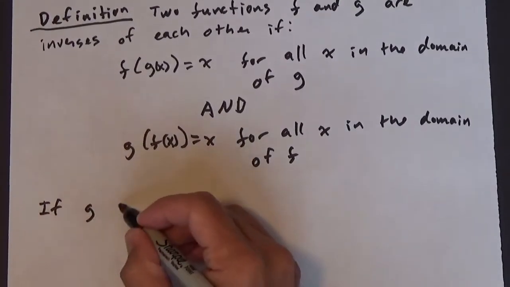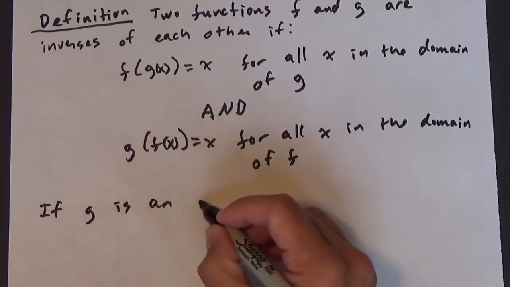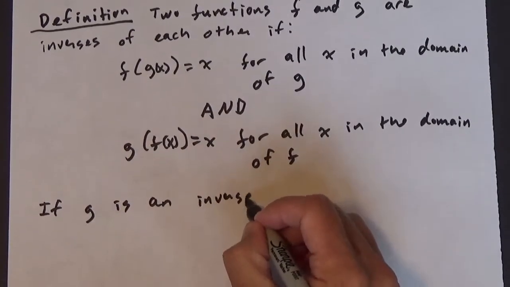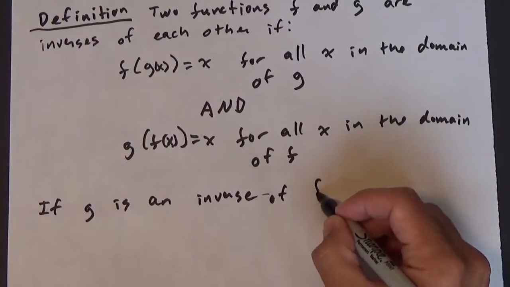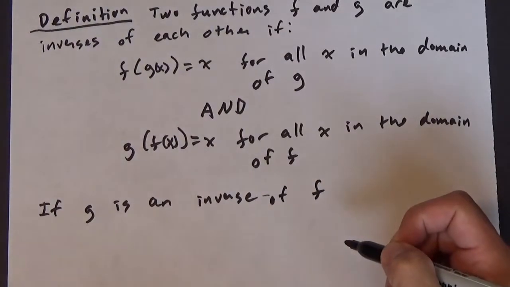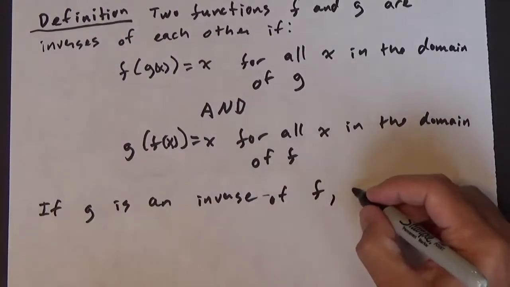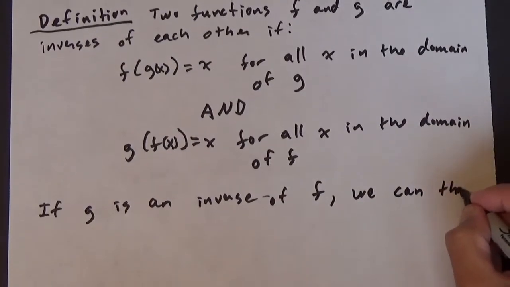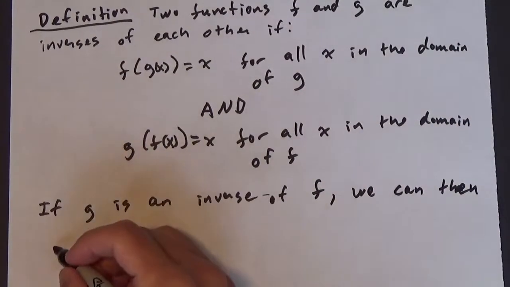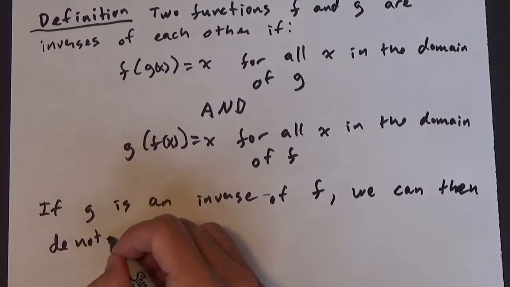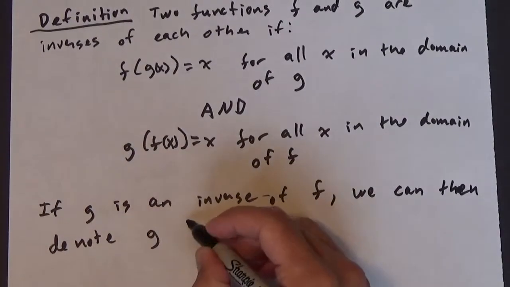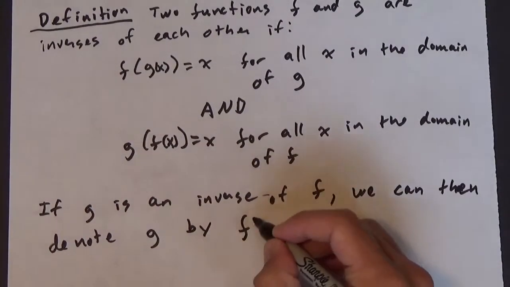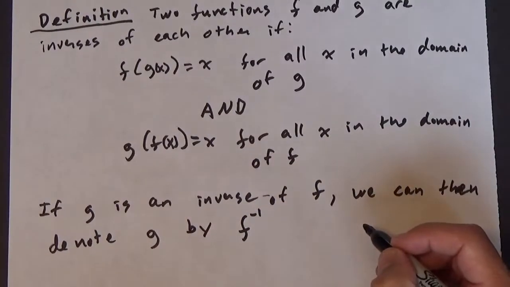If g is an inverse of f, we can then denote g by f inverse.